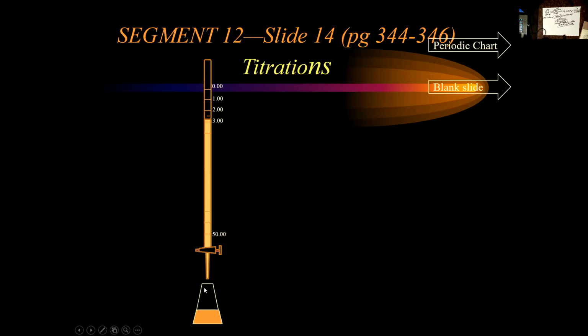Take your wash bottle of deionized water, wash it down in there, and maybe that'll be very slightly pink. If that holds for 30 seconds, you're done, and you have gotten to an actual fraction of a drop of what the endpoint could be. Now, the endpoint is when your indicator changes color.